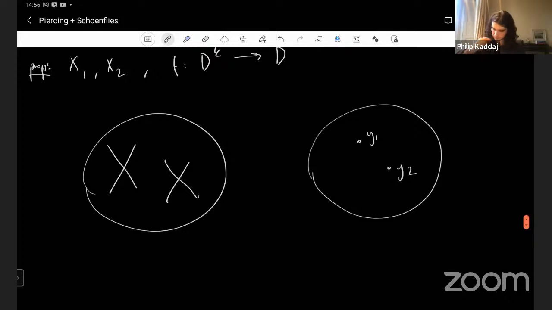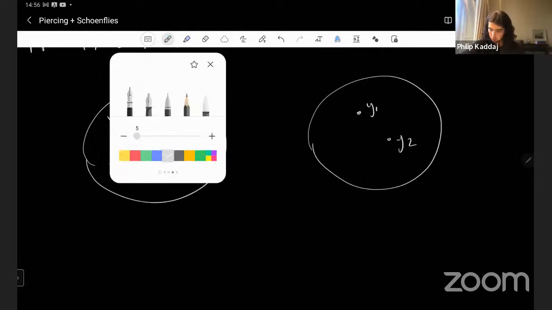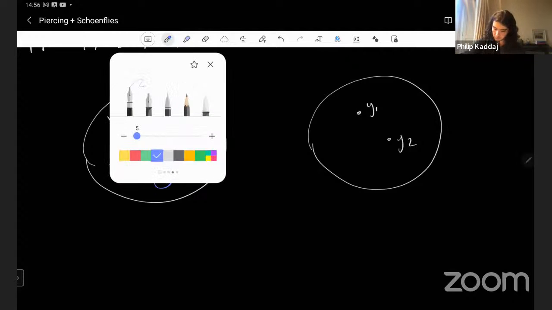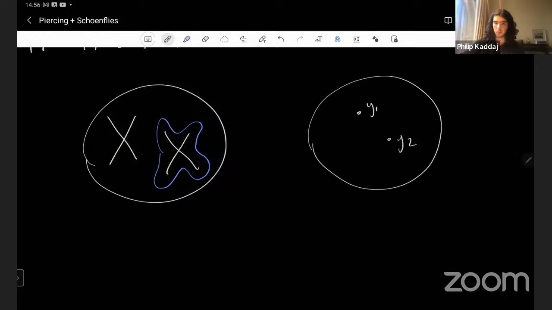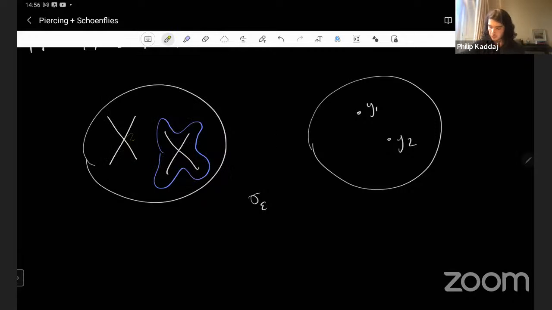So the idea is to consider this map. If we just try to parameterize some neighborhoods of X1, well, we have this sigma epsilon, but this time it's not a homeomorphism because of X2.